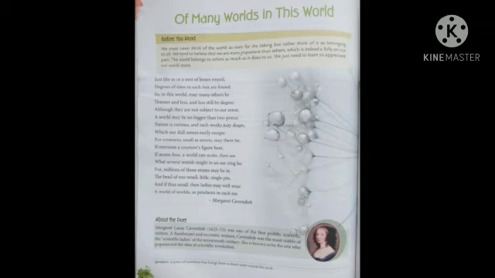The speaker has begun Of Many Worlds in This World by stating that the world is like a nest of boxes. It is made out of different size boxes all placed within one another. So this nesting of worlds is a perfect metaphor for how the existence known to humankind lies on and within the existence of other organisms.